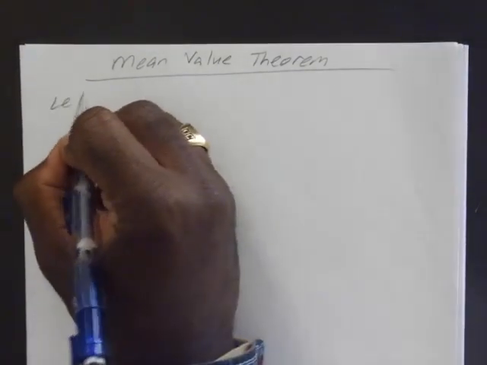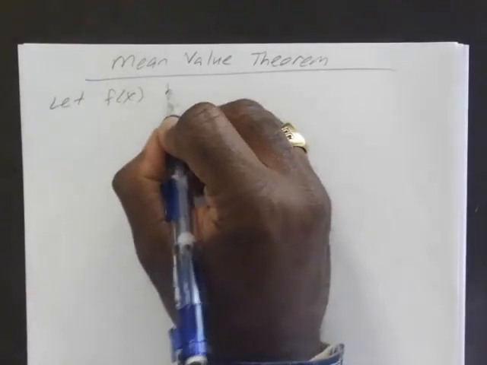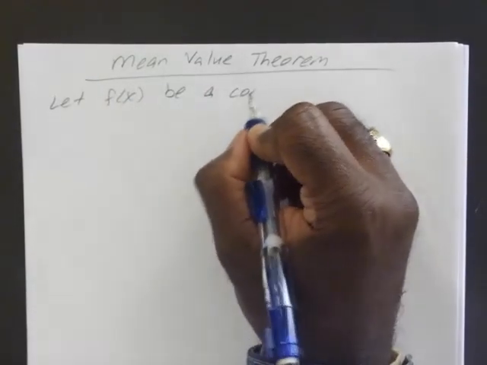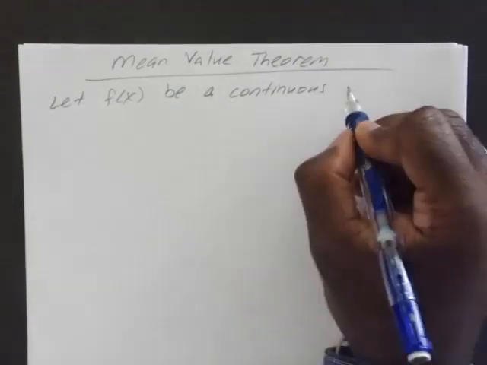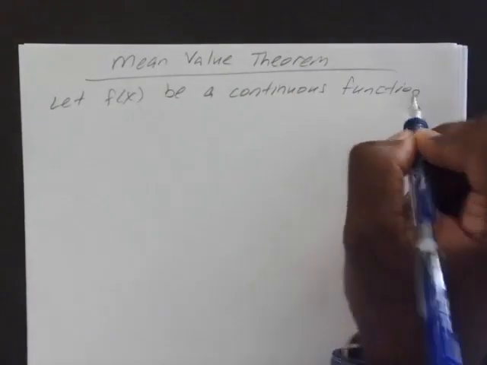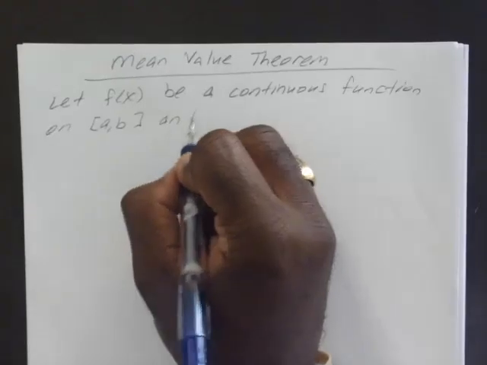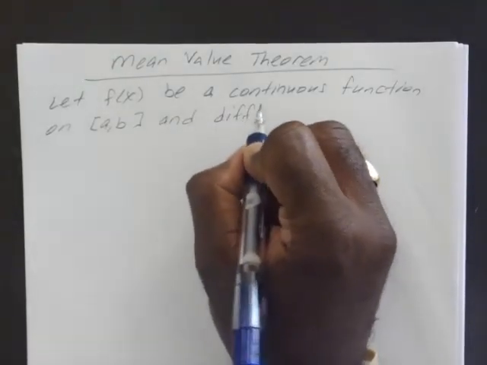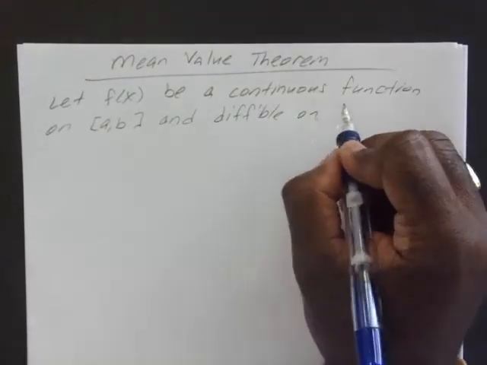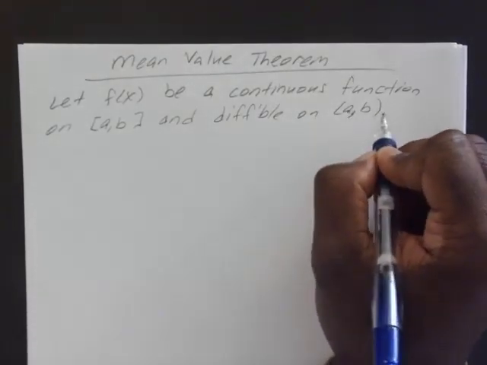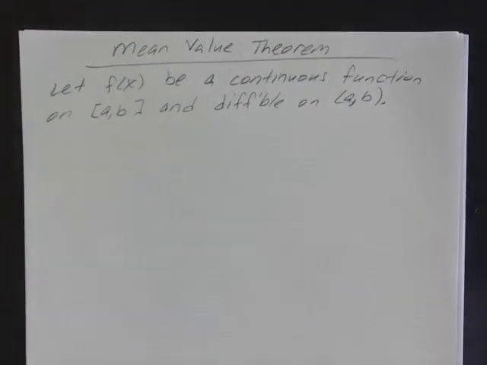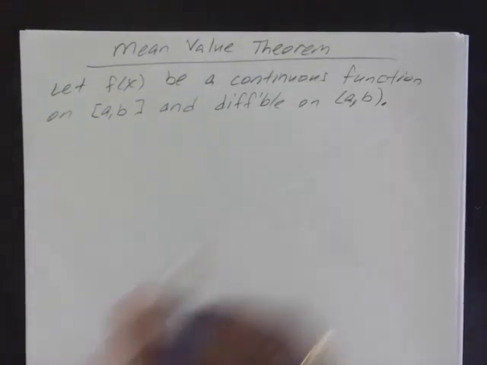And that's just saying, what if we let f of x be a continuous function on the closed interval from a to b and differentiable on the open interval from a to b. So they both start off the same.